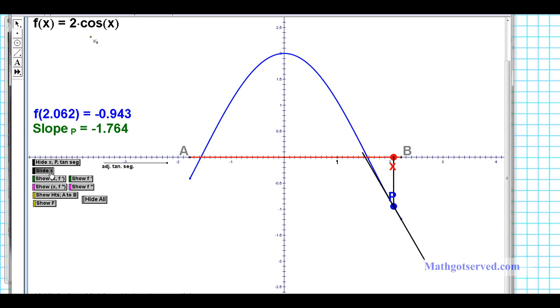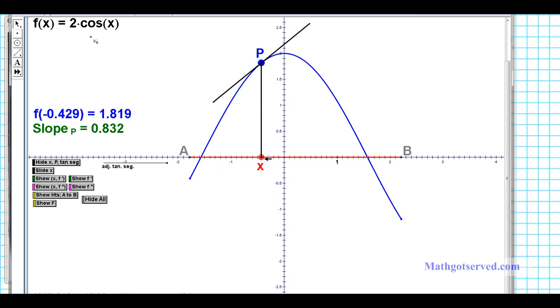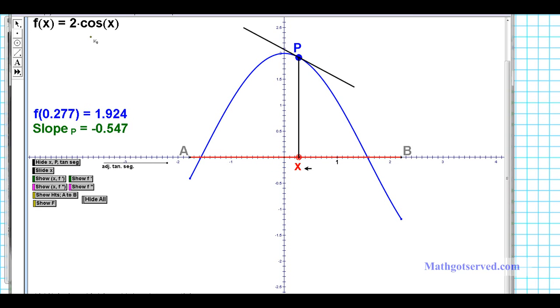What we're looking for is the equation of the tangent line. Let me stop it when x is pi over 2. We know when x is pi over 2, the cosine function intersects the x-axis, right? Somewhere there. I can't get it too perfect. You see what the computed slope is? The slope is negative 2.